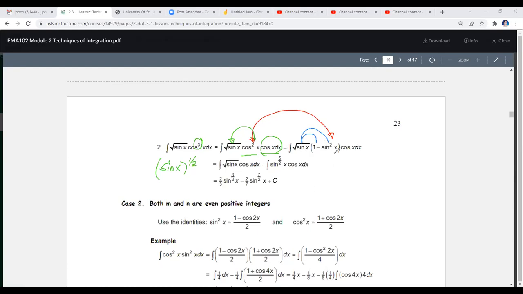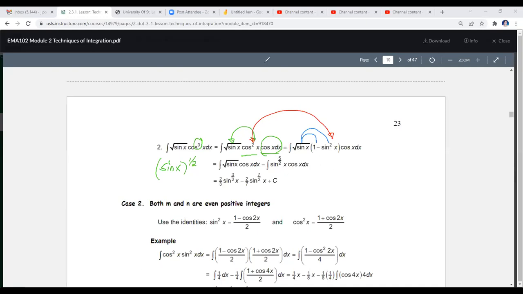The sine squared of x, when multiplied to the square root of sine x using the rules of exponents in your algebra, will require that you add the 2 as an exponent to 1/2. So 2 and 1/2 will be 5/2. See this? The sine of x raised to 5/2, because you already combined these two.